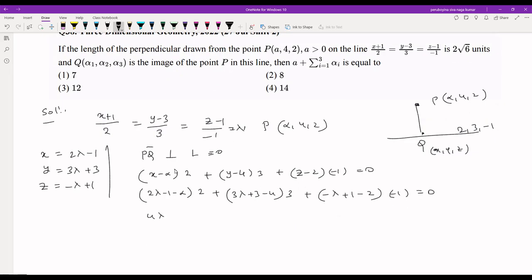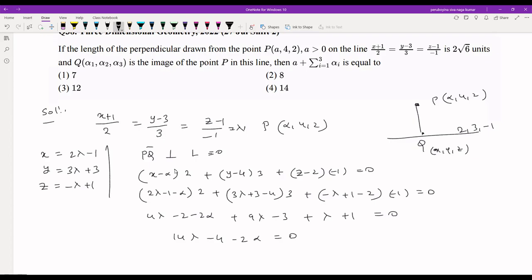So 4 lambda minus 2 alpha plus 9 lambda minus 3, and plus lambda minus 1 plus 1, equal to 0. How many lambdas? 4 lambda, 9 lambda, 10, 14 lambda. Constants: minus 2, minus 3, minus 5, minus 4, and minus 2 alpha is also there, equal to 0. We have a relation between lambda and alpha.